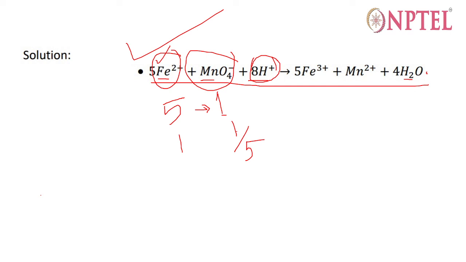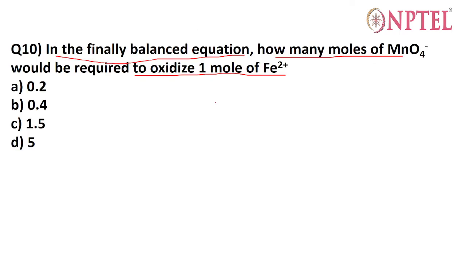I hope you can understand. There was 1, there was 5. So for 5 moles, I need 1 mole. For 1 mole, how much will I need? 1 by 5, and that is nothing but 0.2. So this is my correct answer, 0.2.